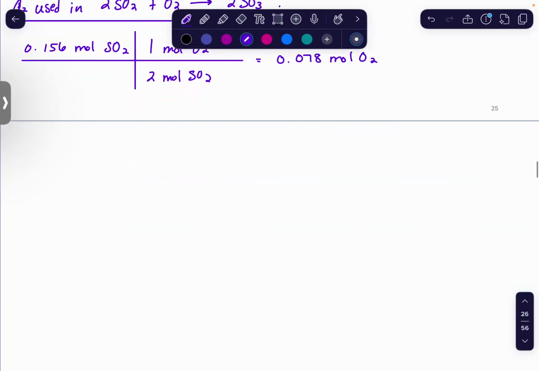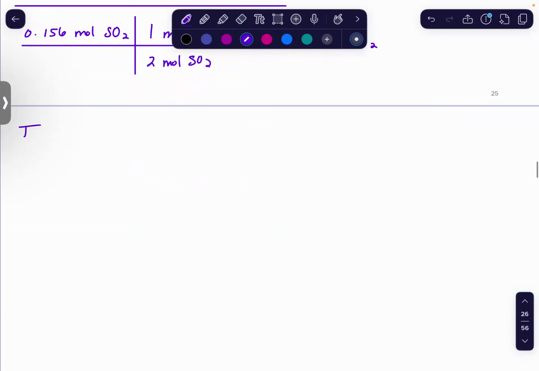Okay, so now we say total moles of O2 used.